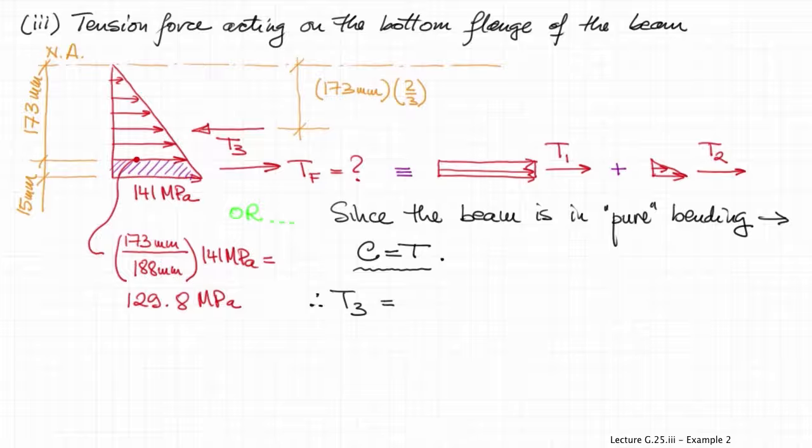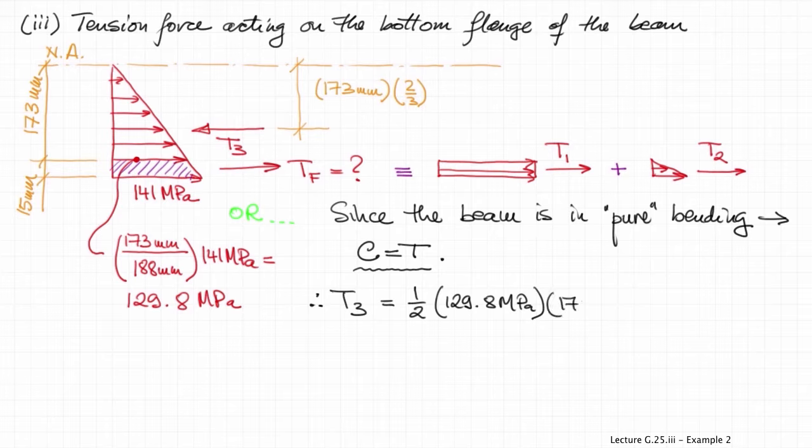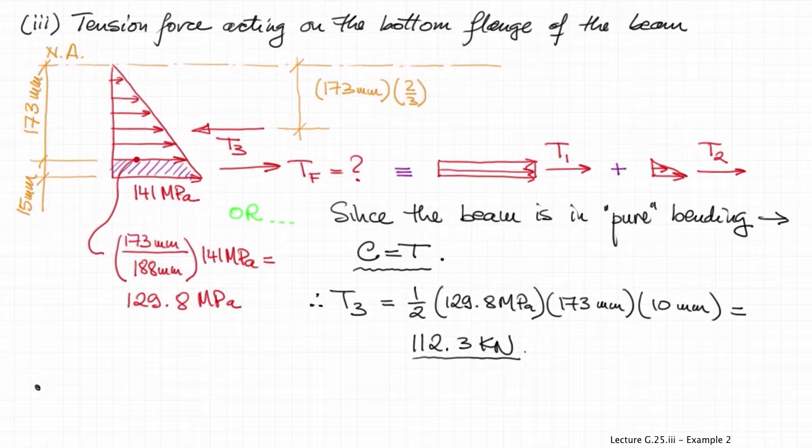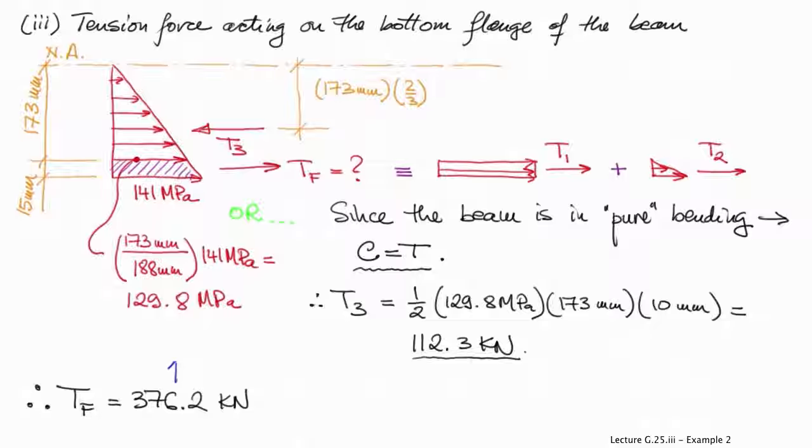So just in preparation, I've calculated here the magnitude of the stress at the interface between the flange and the web. So that tensile stress is 129.8 megapascals. And then we can easily calculate the total tension force corresponding to the stress block, equal to 112.3 kilonewtons. And please don't forget that this stress block acts across the web, which is only 10 millimeters thick.